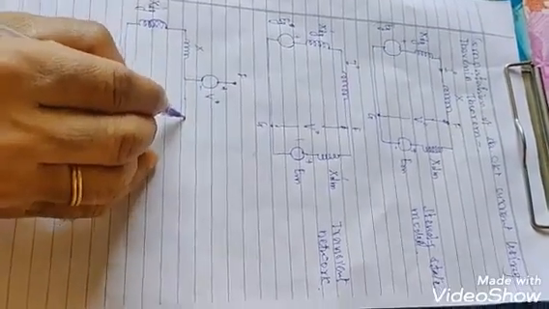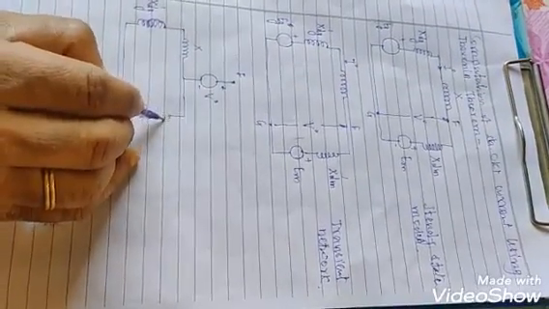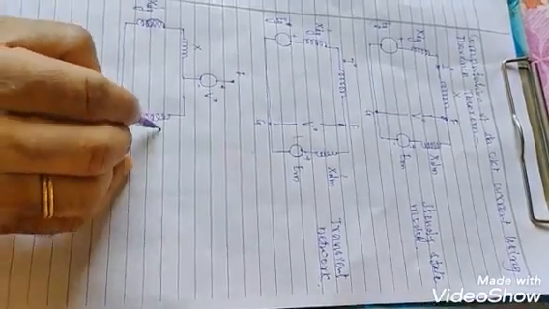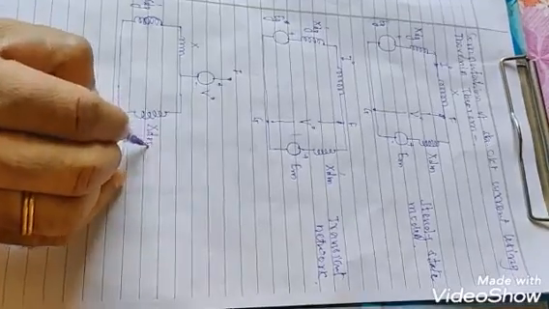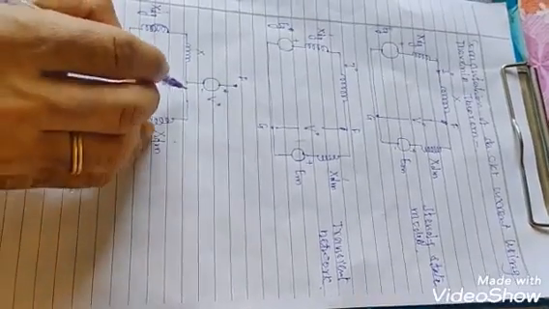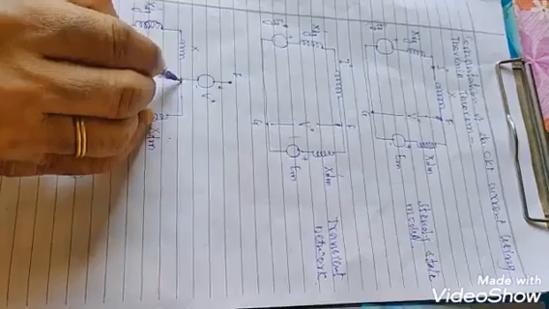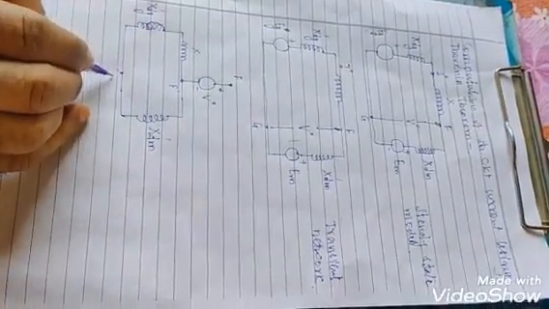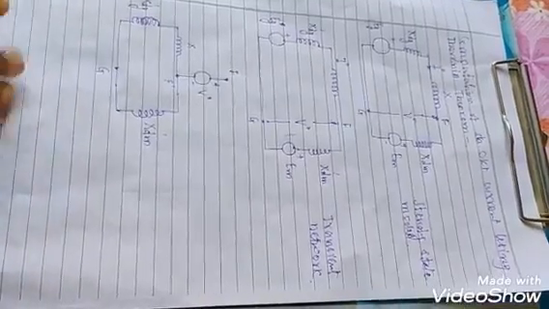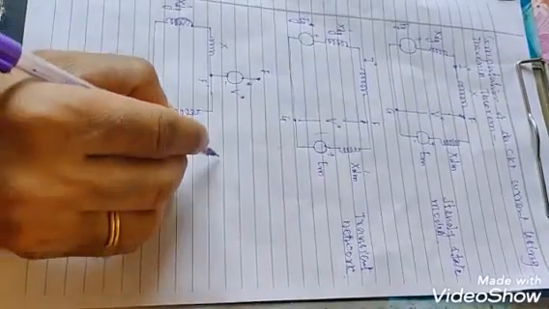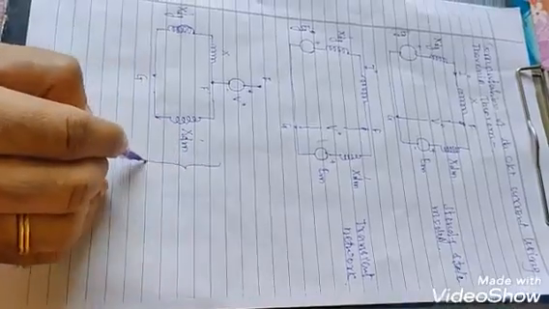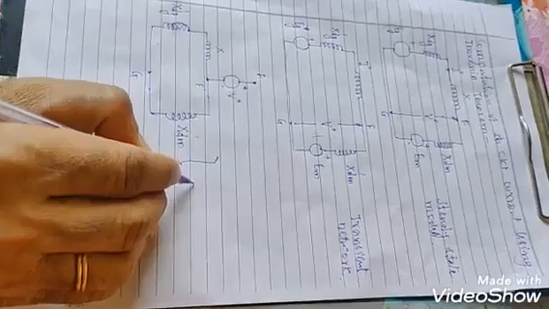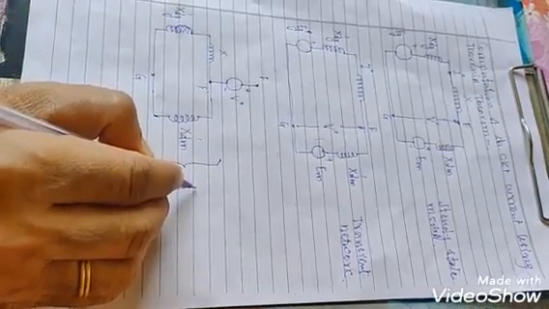This is transient reactance of motor XDM dash. This is point F dash. This is point G. So this is the Thevenin network where we have to determine the Thevenin equivalent impedance.